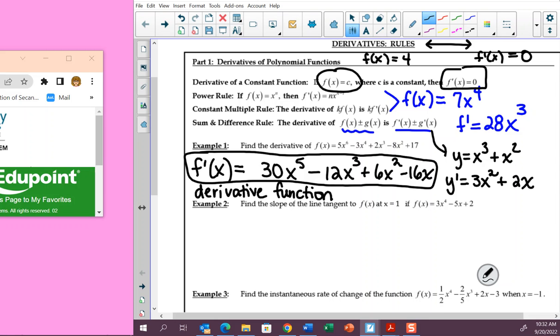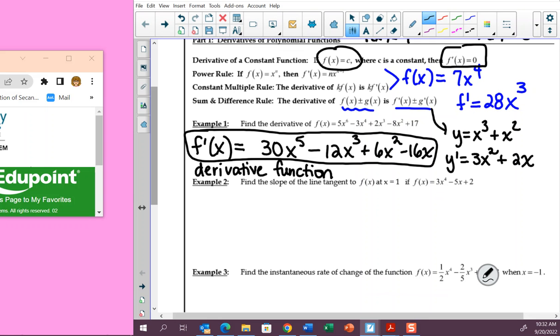If I want you to find a value, I'm going to ask you to do that slightly differently. And example 2 is a perfect example of that. Example 2 says, find the slope of the tangent line to f of x at x equals 1.